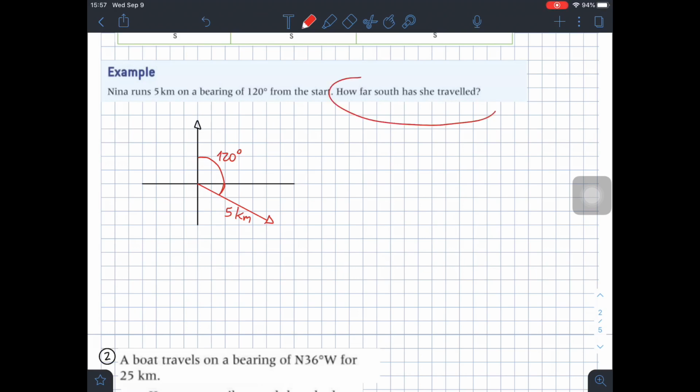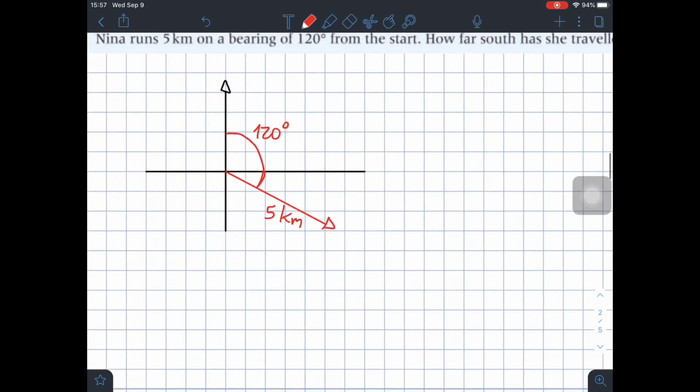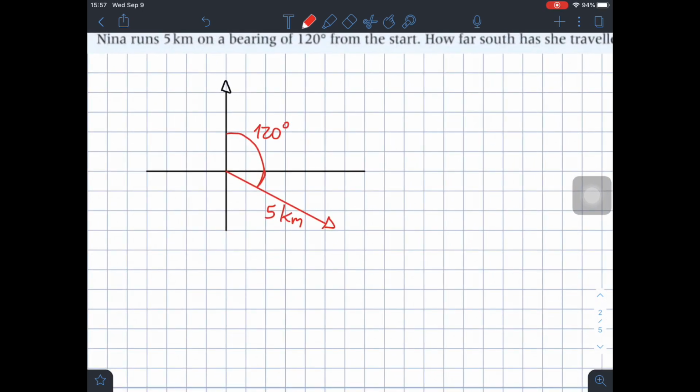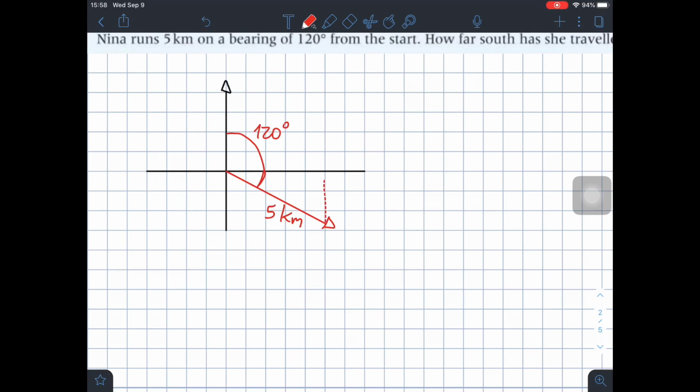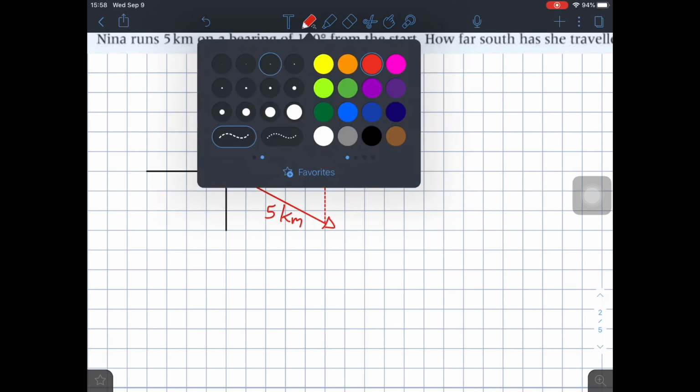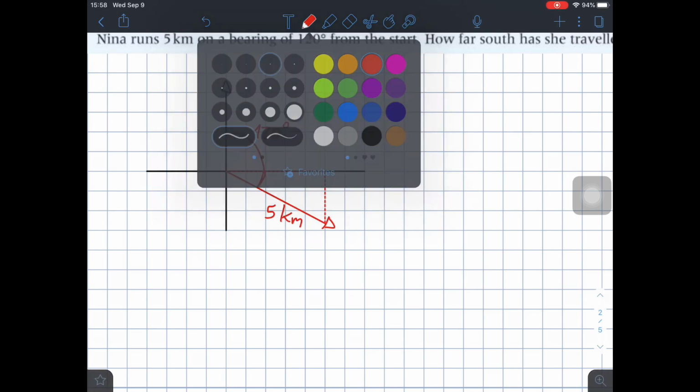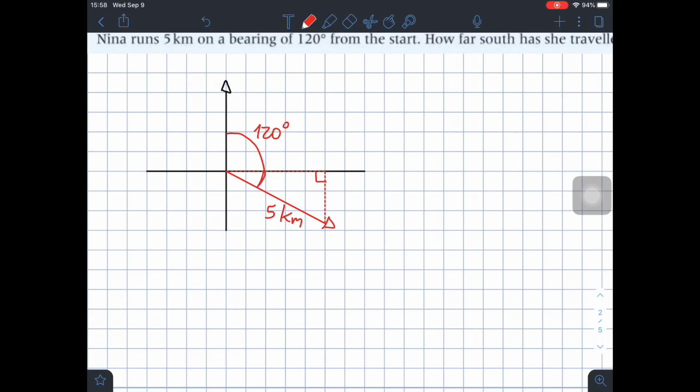Then it says, how far south has she traveled? If you see this sketch, you can realize that I can form a right triangle here. I can complete this triangle. This is a right triangle, where if this is 90 degrees, then the remaining angle right here would be 30 degrees.